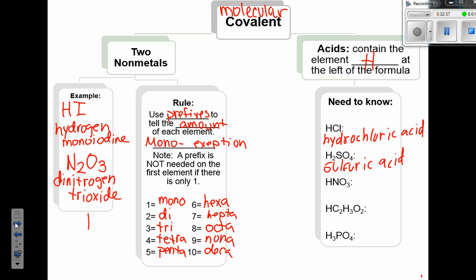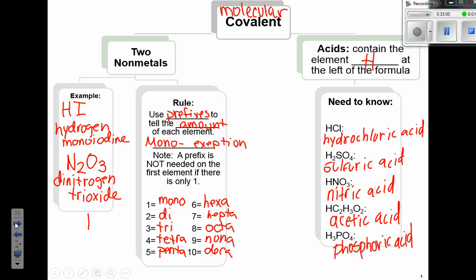Acetic acid, which is also vinegar. Phosphoric acid.